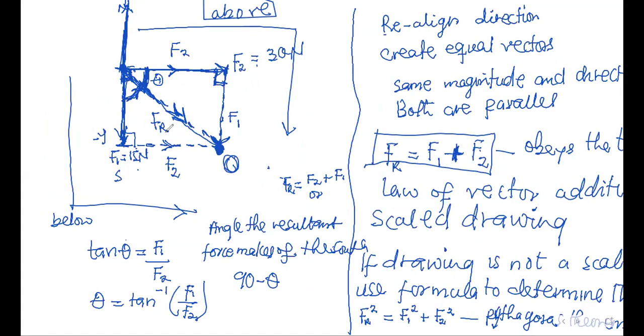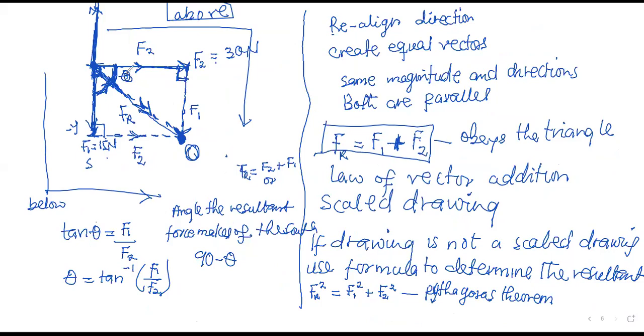So if you want to follow bearings where angular measurement is taken from the north, after getting theta, what is the angle from the north to the east? What is this angle from the north to the east? Anybody?